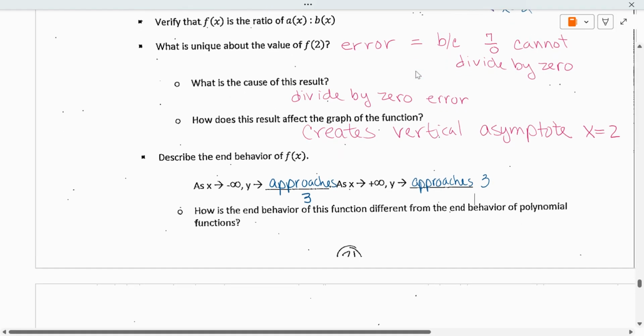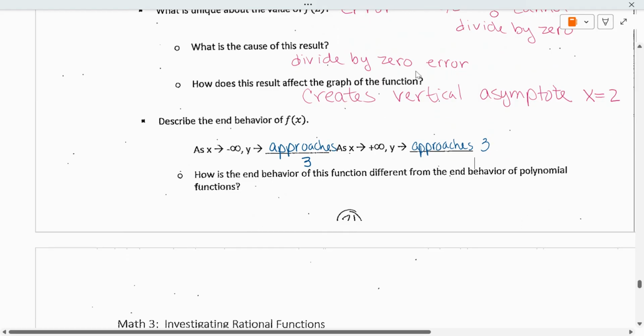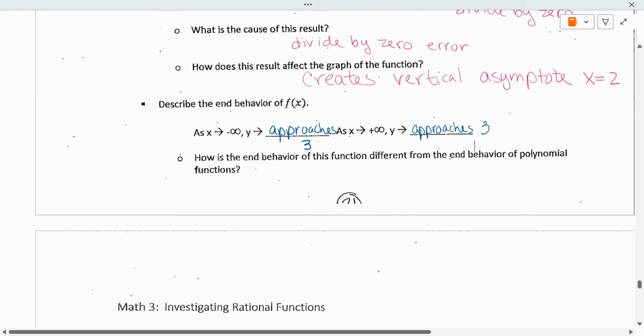So how is the end behavior of this function different from the end behavior of a polynomial function? Well, the end behavior approaches the horizontal asymptote.